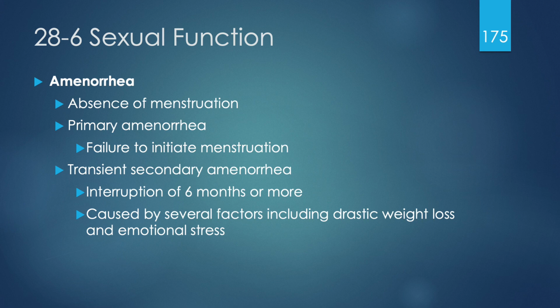And when I say weight loss, what we're talking about here is things like bulimia or anorexia, and severe emotional stress or things that would cause PTSD are what we're talking about. Studying for an exam typically isn't going to interrupt your menstrual cycle, but severe emotional stress on an ongoing basis, such as being in a war zone, for example, these sorts of things can absolutely lead to transient secondary amenorrhea.